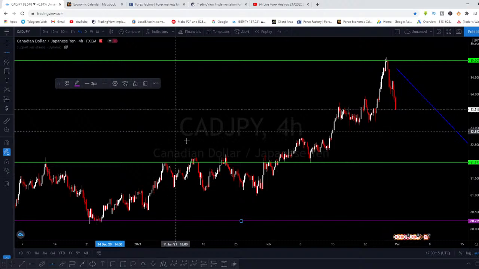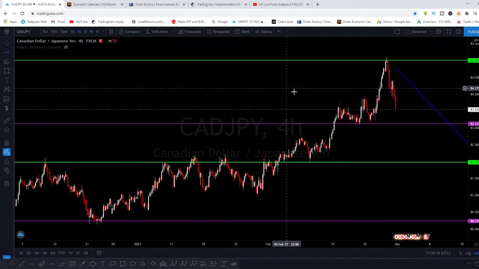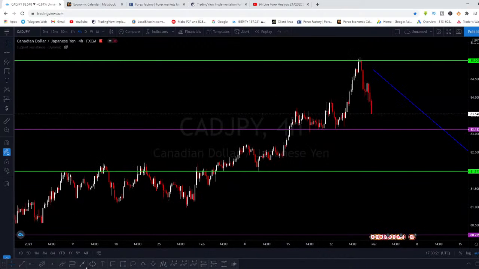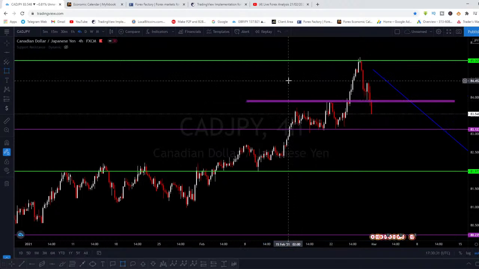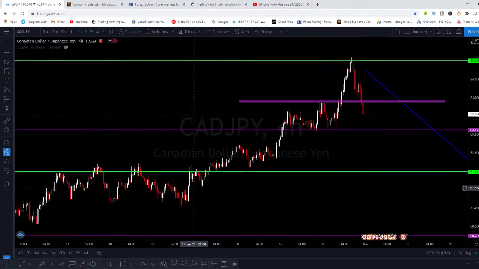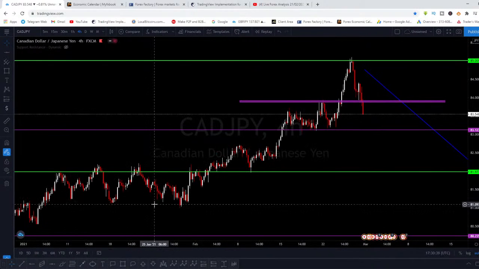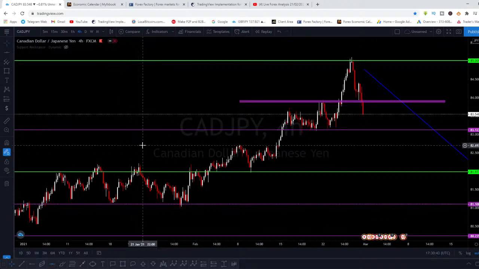So like this, and I think that's it. But I've got to put my rectangle over here. You see that was a rectangle over there now. So this is the CADJPY, and I've got to mark this level out as well. All right, you see that?